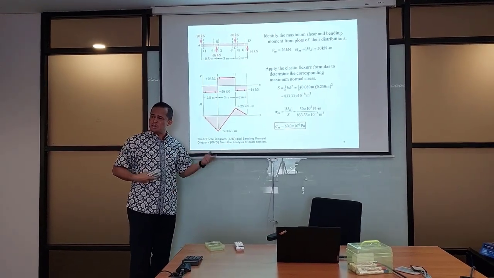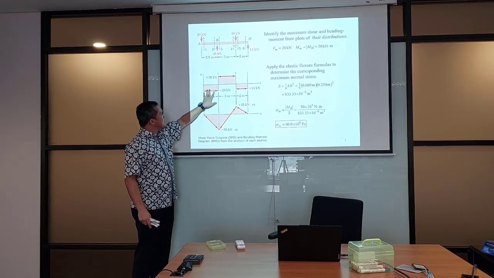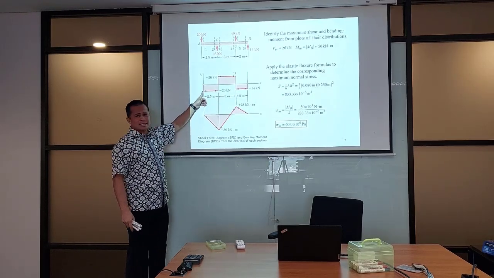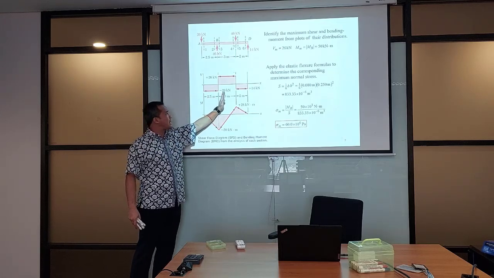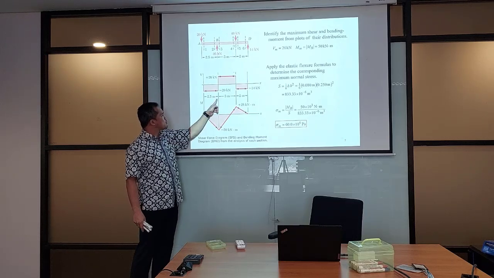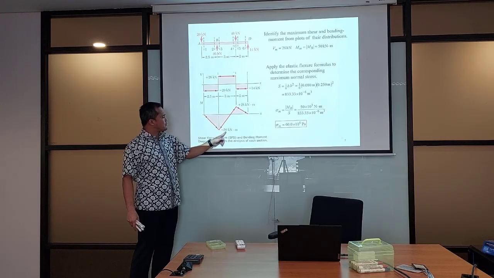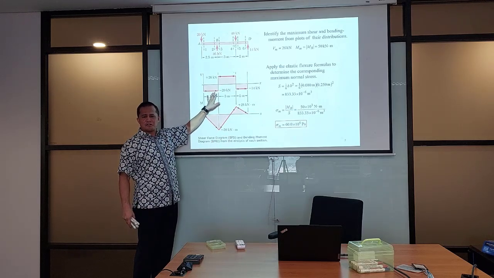Arya Satya, this is how you check whether your answer is correct or not. Look, this is minus 20 kilonewton when x equal to 0, no moment of course. When moving with respect to x, 2.5, so 20 kilonewtons times 2.5 is minus 40 kilonewton meter, meaning you are calculating the area under the curve.